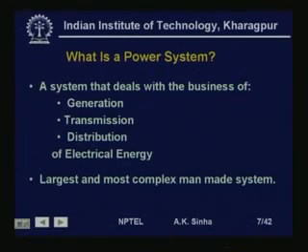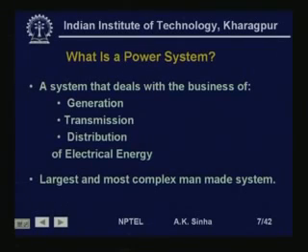That is, a business which deals with all the three aspects, generation, transmission and distribution of electrical energy up to the consumers, consists of a power system. That is, these make up the power system.